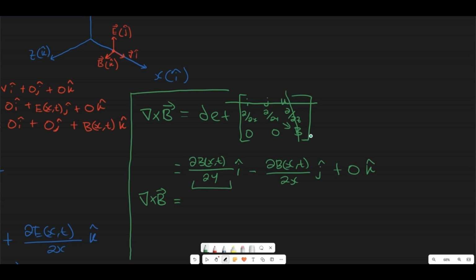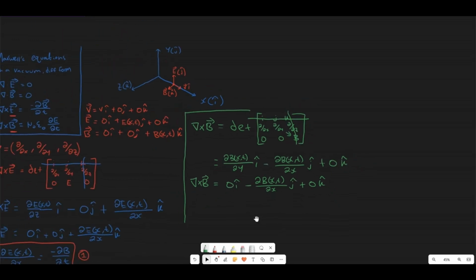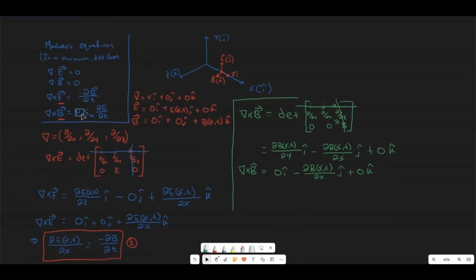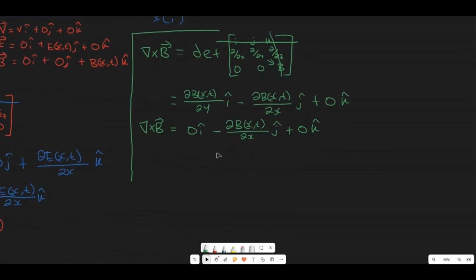So we can express that nabla cross B is equal to 0 i hat, since B does not depend on y, minus partial B of x,t by partial x j hat, plus 0 k hat. And from this point, we can equate this with mu naught epsilon naught partial E by partial t, as from Maxwell's equation.